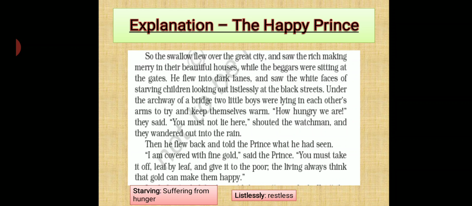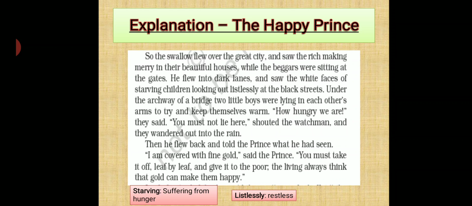Under the archway of a bridge, two little boys were lying in each other's arms to try and keep themselves warm. So archway means the curved shape of the bridge. So now further the swallow saw two little boys under the archway of the bridge.